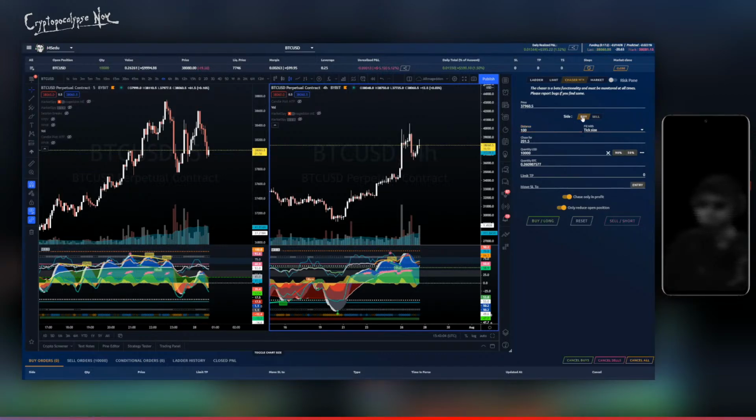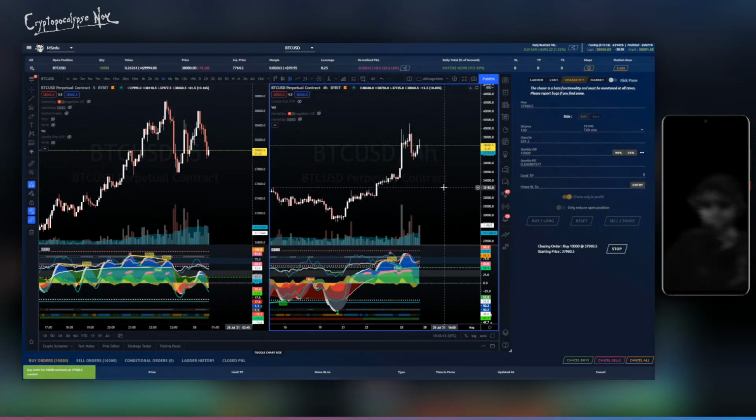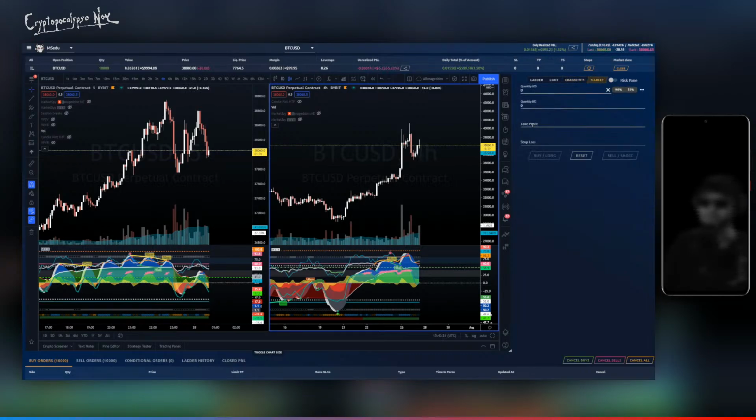100. Reduce only. But basically, go ahead and explore. The market tab now also has take profit and stop loss, and these are smart fields as well.